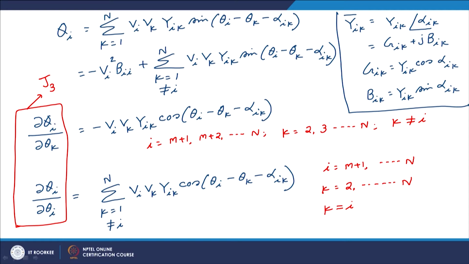The last one remaining is J4. So, let us do that. J4 is del q by del v.